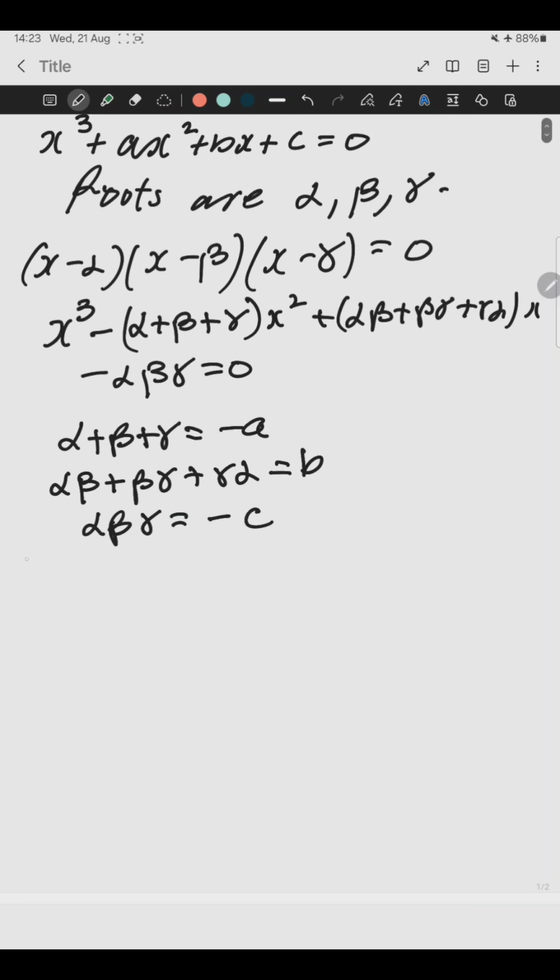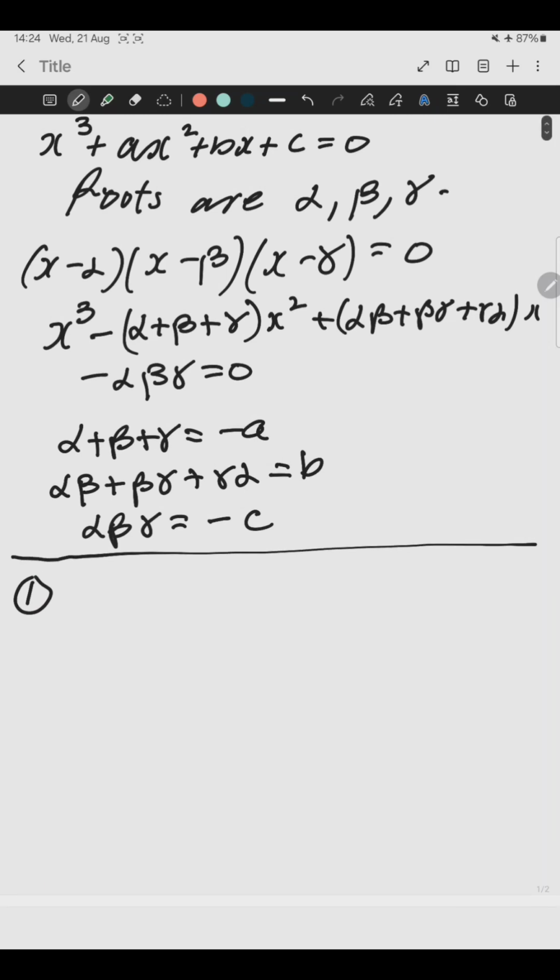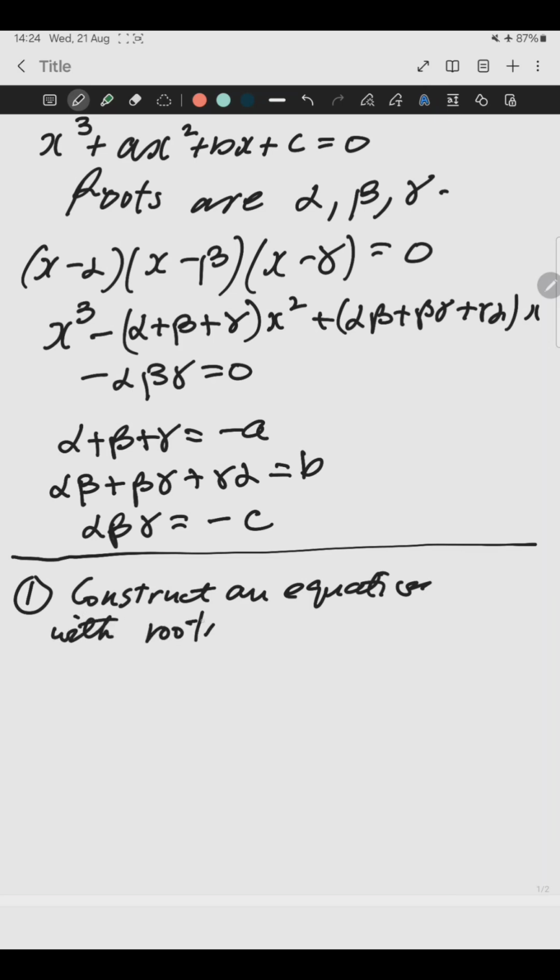Right. Having done that, let's do some examples. Number 1. Construct an equation with roots 1, 2, 3.